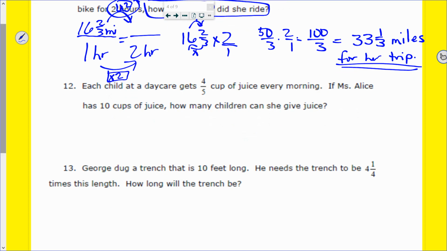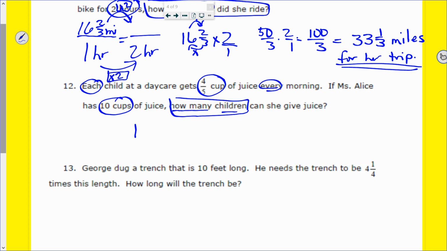Number 12, each child in a daycare gets 4/5 of a cup of juice every morning. If she has 10 cups of juice, how many children can she give juice? Hopefully you see that this one is a division problem. I got the 10 cups, each child gets 4/5. So that means that 10 is being divided into 4/5 cup servings.